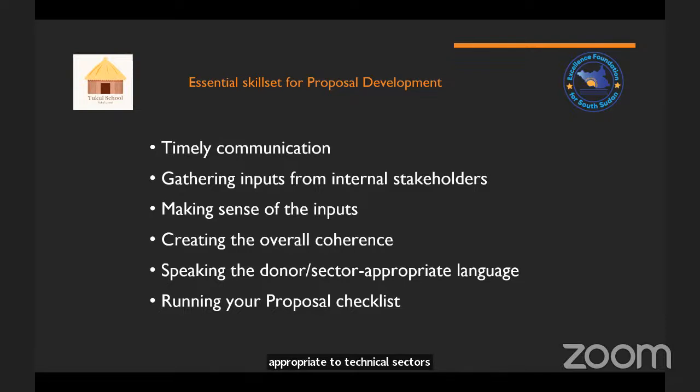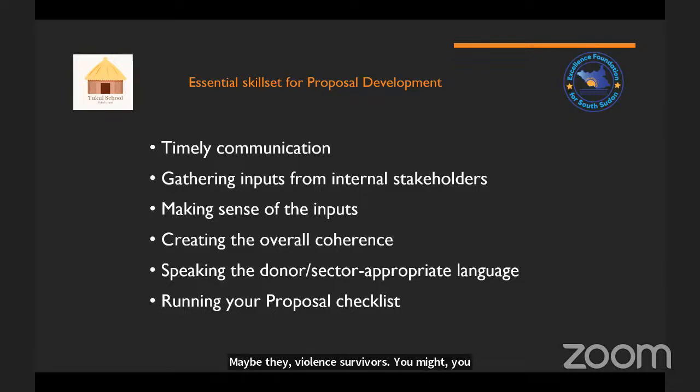When you are doing other technical programming, let's say this is a protection project, somebody will look at your proposal and say, no, the language is not right, because you might be referring to people. I can give you an example in protection, maybe the gender-based violence survivors.